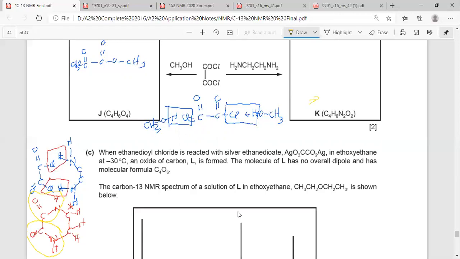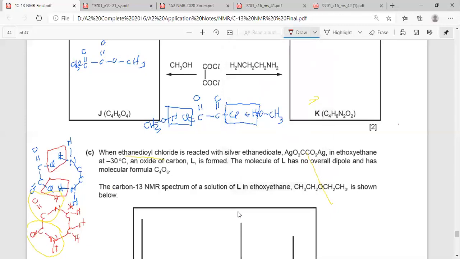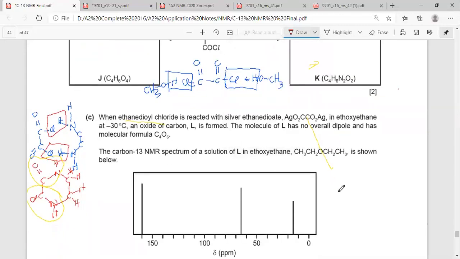Now it says here, when ethanoyl chloride reacted with silver ethanoate, this is interesting. It's good to draw such things out. You have not seen this before, I'm sure, but it comes up in the exam, so you better be sure that you know how to deal with this kind of thing. This one here, you don't know the structure.